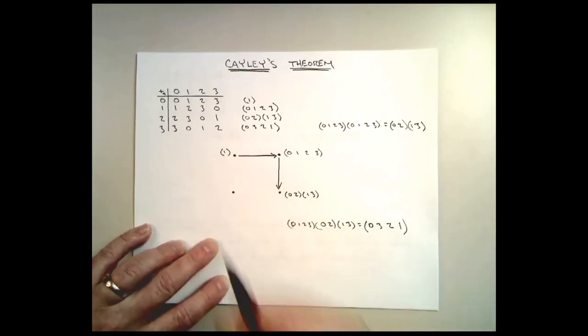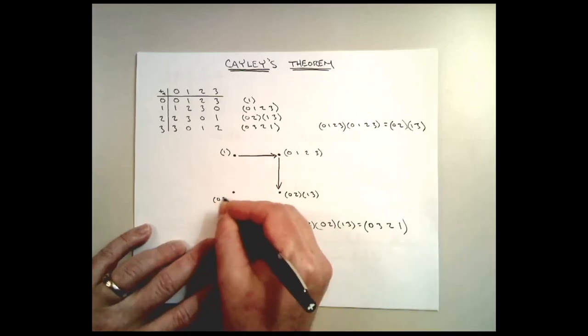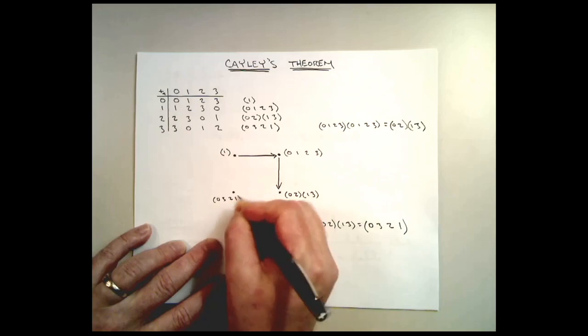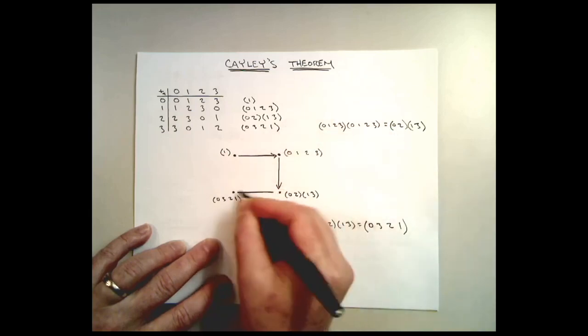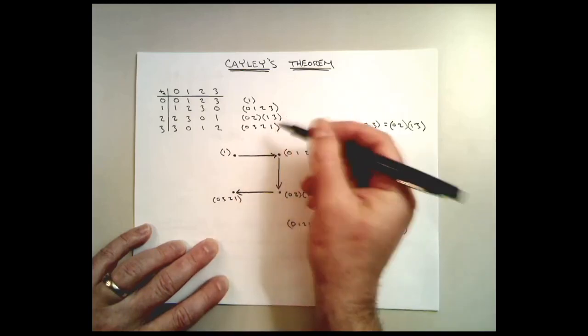So I get (0 3 2 1), which was our fourth permutation that we identified from the table.